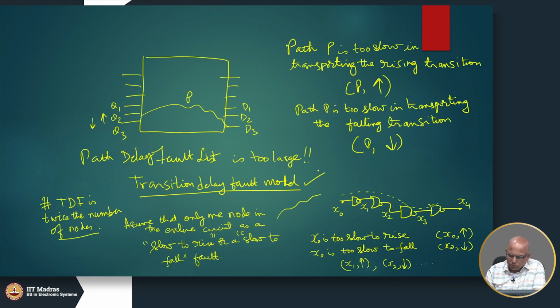So, most people follow the transition delay fault model. We know that it is a big approximation. The right thing to do is to take path delay faults, but because it is very difficult to practice, people will do transition delay fault testing and argue that if you have done a good job of transition delay fault testing, many path delay faults will also be caught.